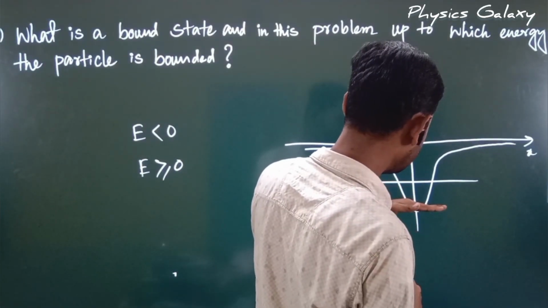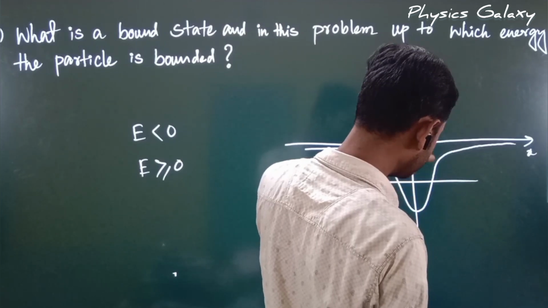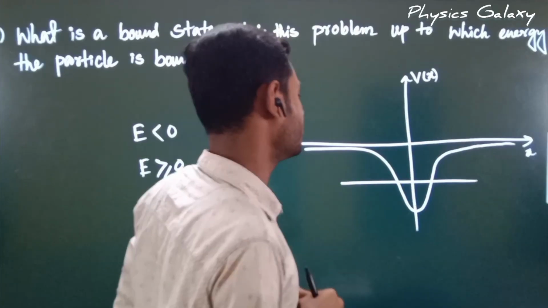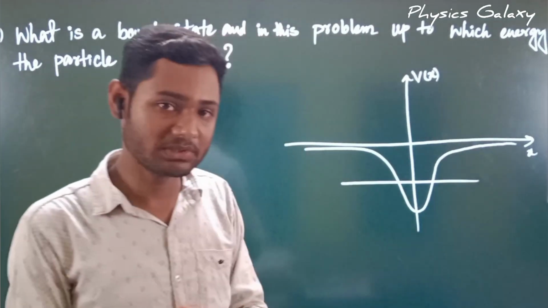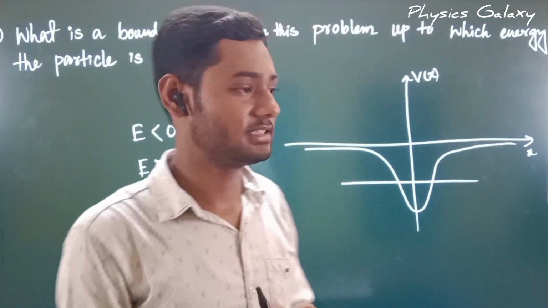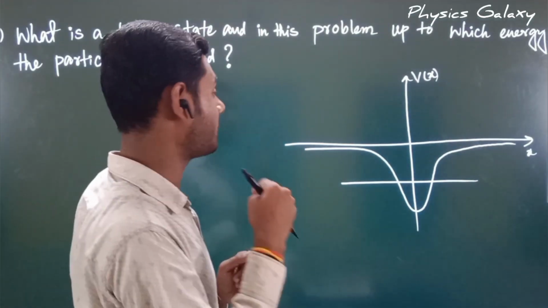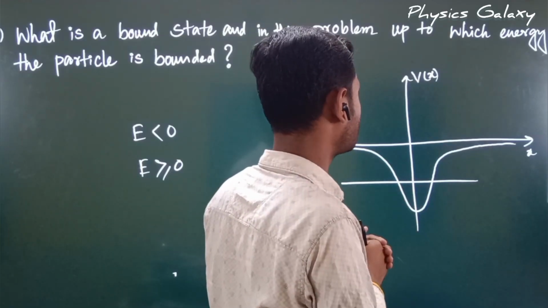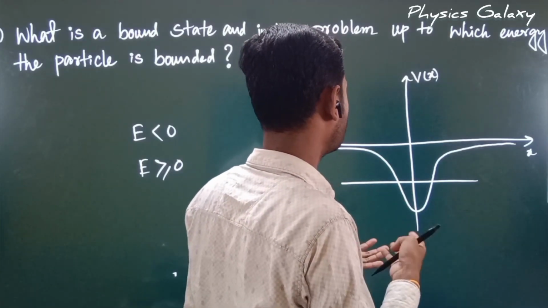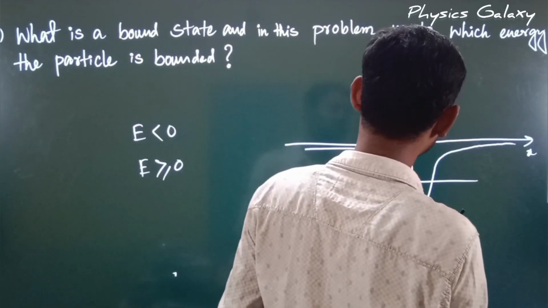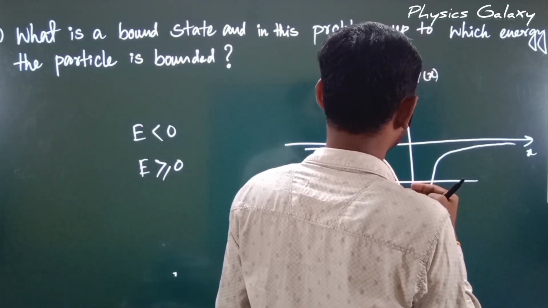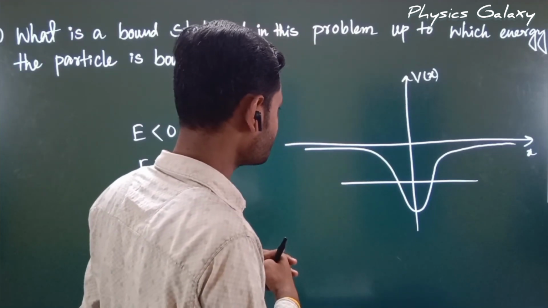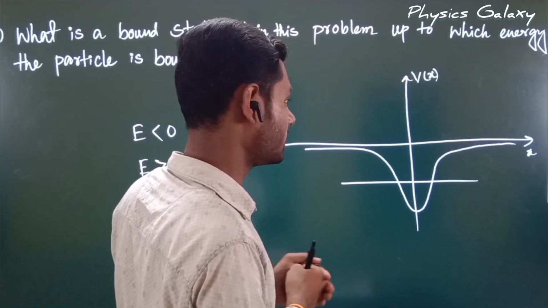Here the particles have discrete energy states, and when we go to greater energy, the spacing between the energy levels decreases, and after some energy level it continues, not discrete.